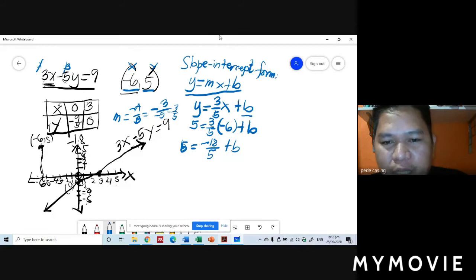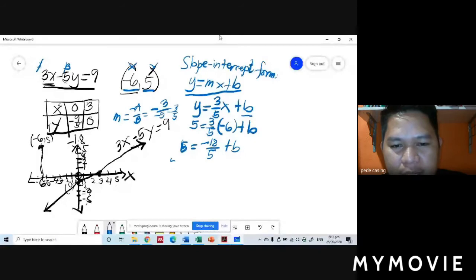Then solving for b, transpose. Kani diri nga number is transpose padulong sa pikas. Mahimo siya copy ang 5. Since negative, when you transfer to the other side, left side, mahimo na po siyang positive. 18 over 5 equals b.